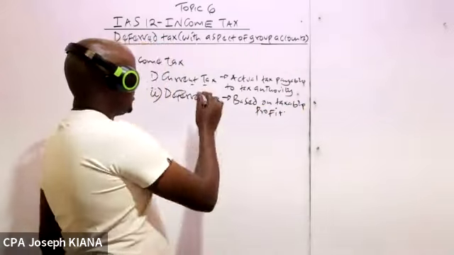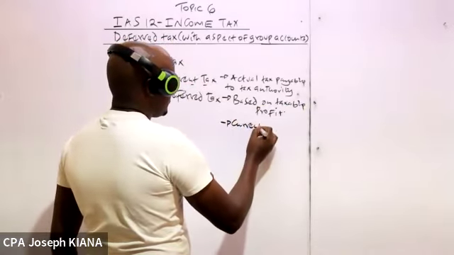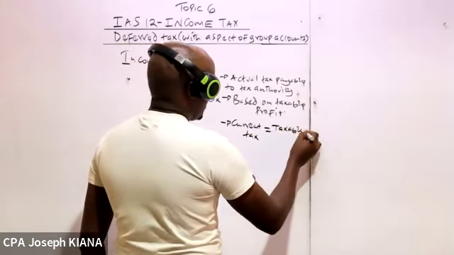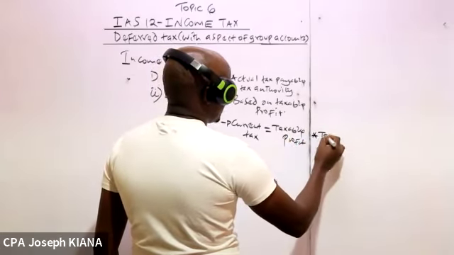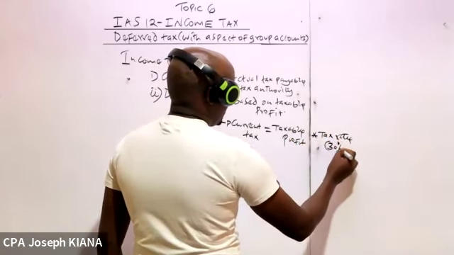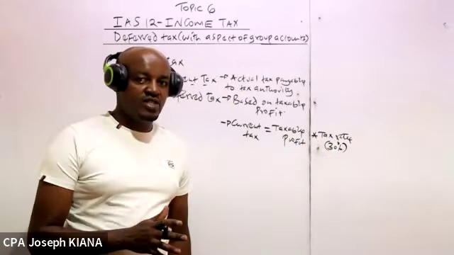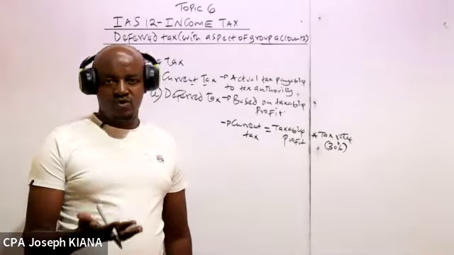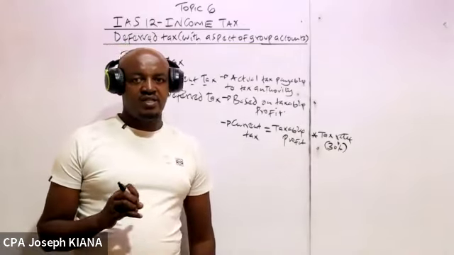So this current tax is computed by taking the taxable profit times the tax rate, of which we know that resident companies should pay tax at the rate of 30%. This is something we already know from what you covered in PFT and in financial reporting and analysis at intermediate level.